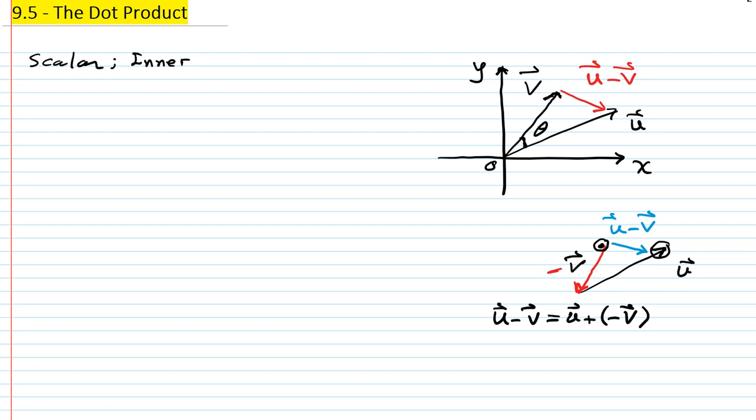Okay, now at this point, let's say I want to find the magnitude of that difference vector u minus v. To do this, we're going to use the law of cosines, right? If you recall, the law of cosines helps us solve the case where we have side, angle, side. We have two sides in a triangle and an included angle. Well, the two sides of this triangle are u and v. The included angle is theta.